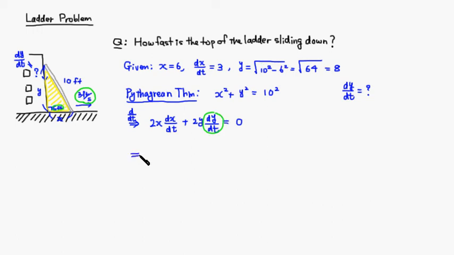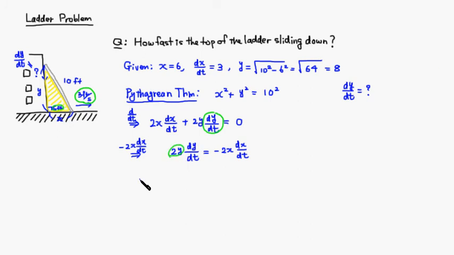The first step is to subtract 2x dx over dt from both sides. Then you end up with 2y dy over dt equal to negative 2x dx over dt. Now we need to get rid of the 2y.